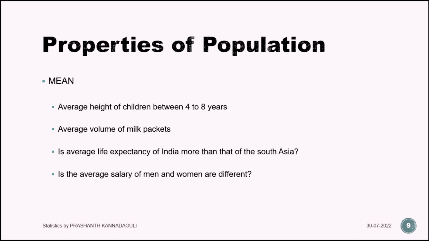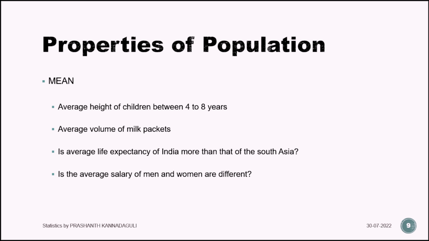You may be able to visit only 10 schools, hardly. In 10 schools you may get 4 to 8 year old students. You will not measure the whole class. You will look at the height of 2 to 3 students in a particular school. Like that you may visit, say, 10 schools, so 30, 35, or hardly 50 samples you may get.